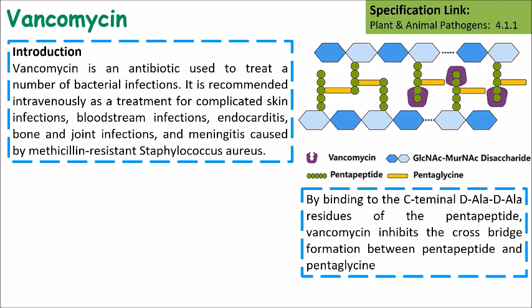So Vancomycin is an antibiotic used to treat a number of bacterial infections. It is recommended intravenously as a treatment for complicated skin infections, bloodstream infections, bone and joint infections, and meningitis caused by MRSA.